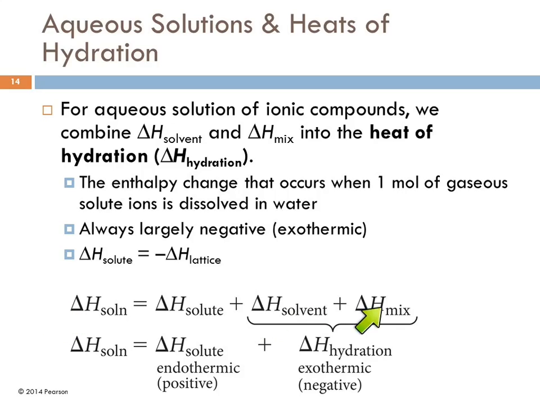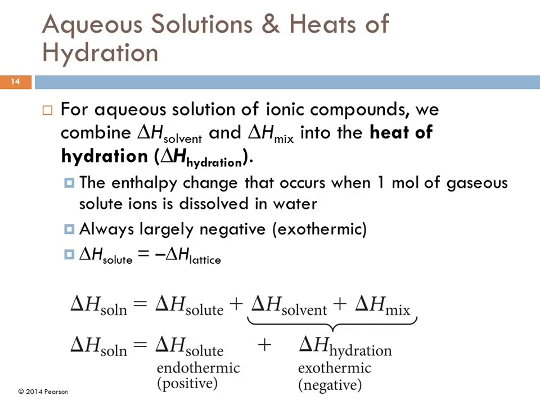We are defining the sum of these two things as the heat of hydration. The heat of hydration is going to be negative. The heat of the solute here, separating the solute, is lattice energy positive or negative? Is energy released when ions come together?